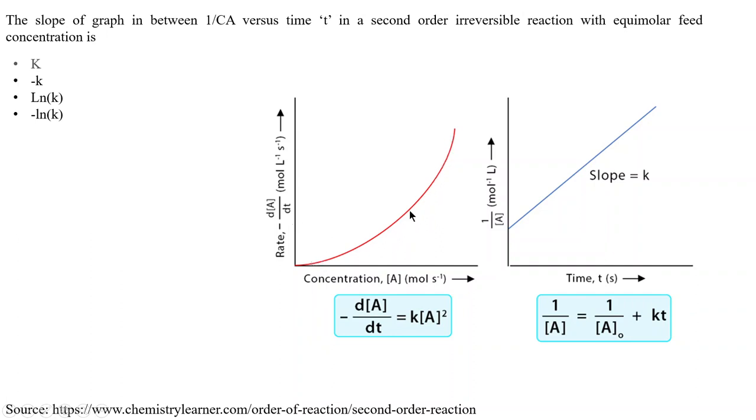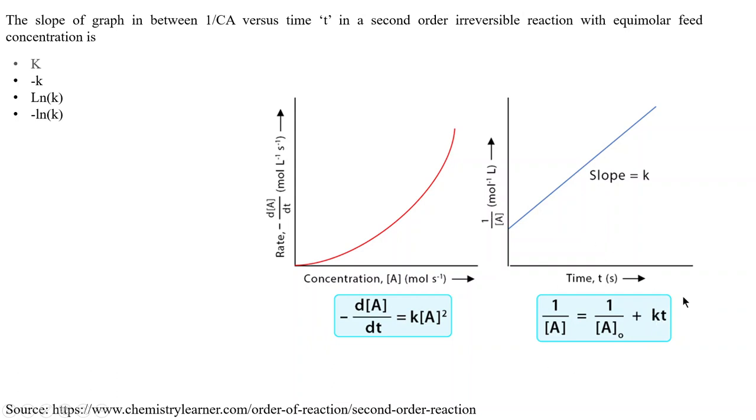So this is a negative slope, and since we have equimolar feed concentration, when we plot the graph of time t versus 1 by A, the slope is k.